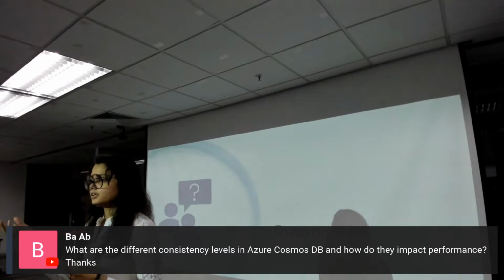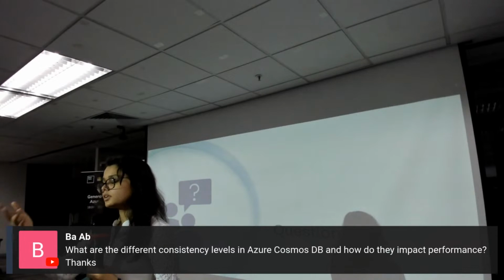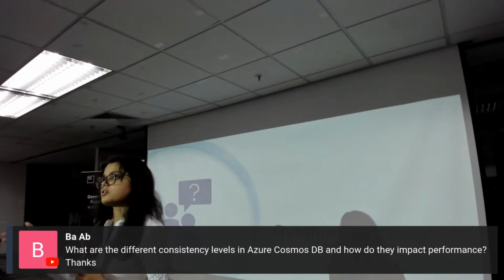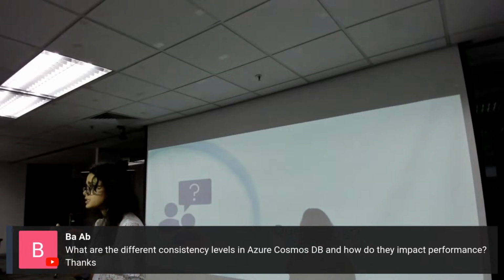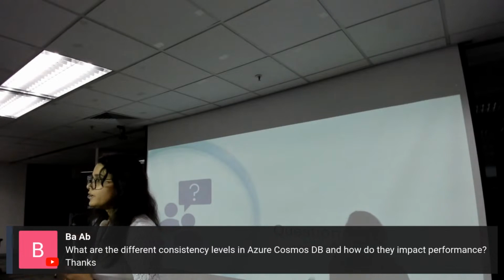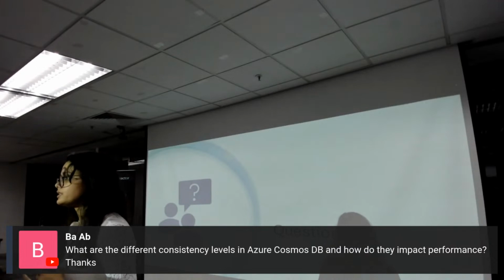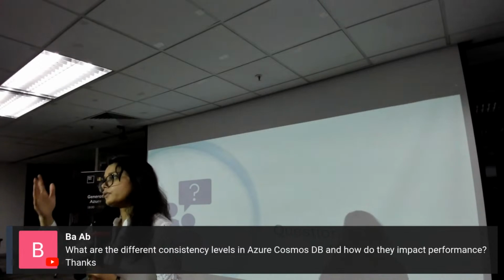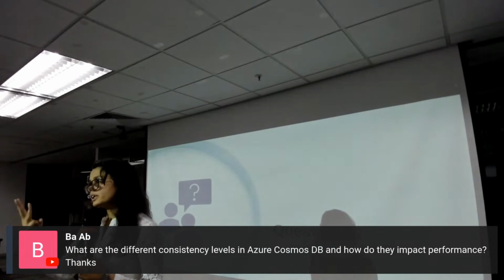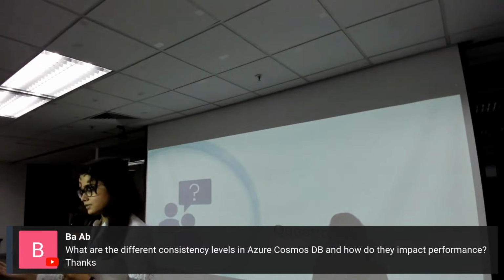In relational databases, that gives strong consistency. And then we have the weakest form of consistency, which is eventual consistency, which most of the NoSQL databases provide. So within these two extreme parameters, we have three more consistency levels.